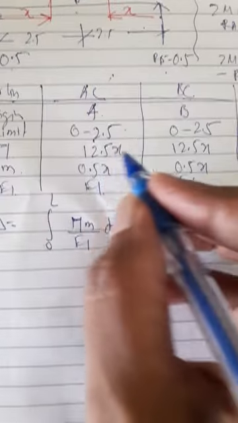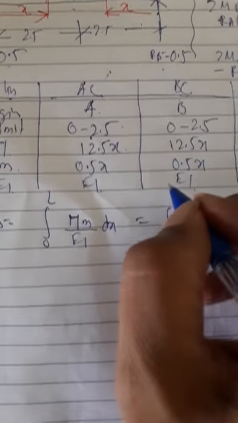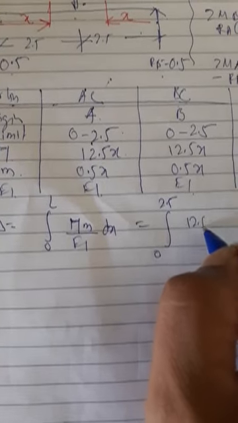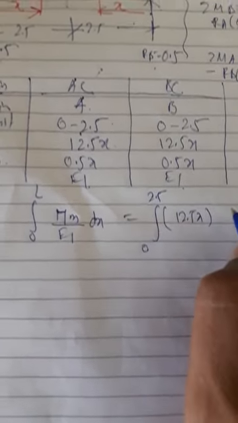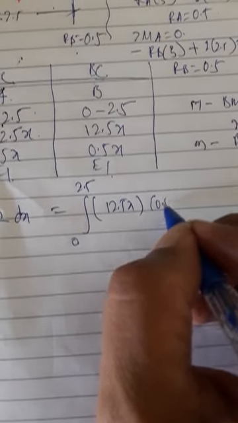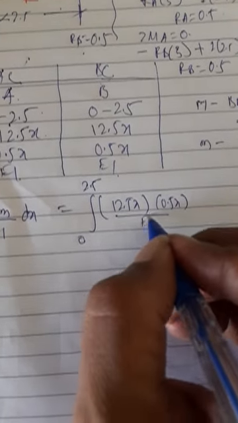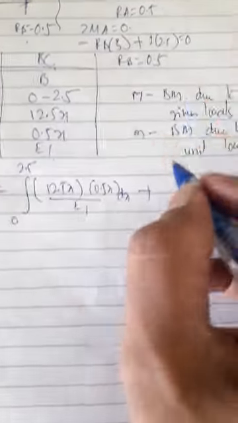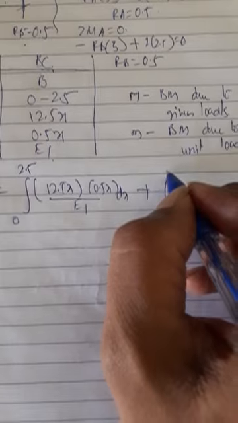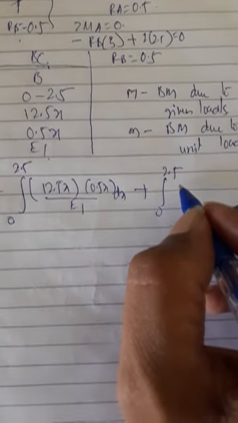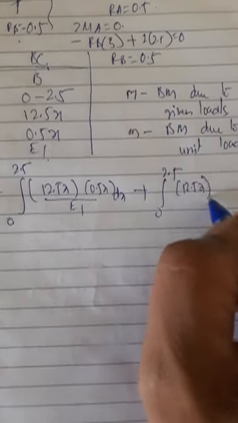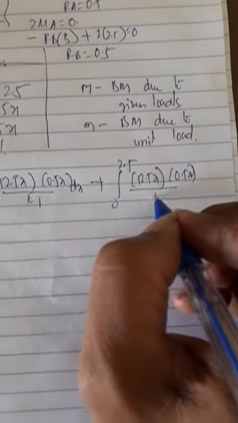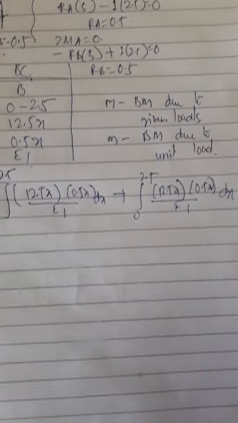For portion AC, limits 0 to 2.5, capital M is 12.5x, small m is 0.5x, divided by EI dx, plus for portion BC, again the same, limit 0 to 2.5, capital M 12.5x, small m 0.5x divided by EI dx.